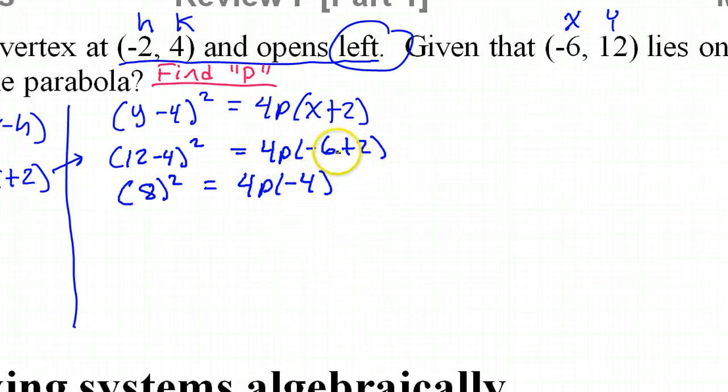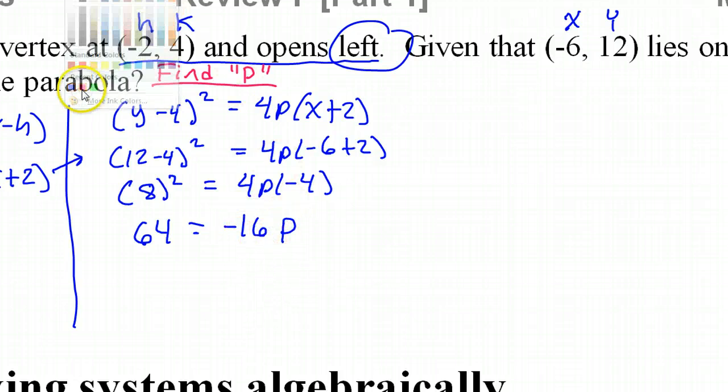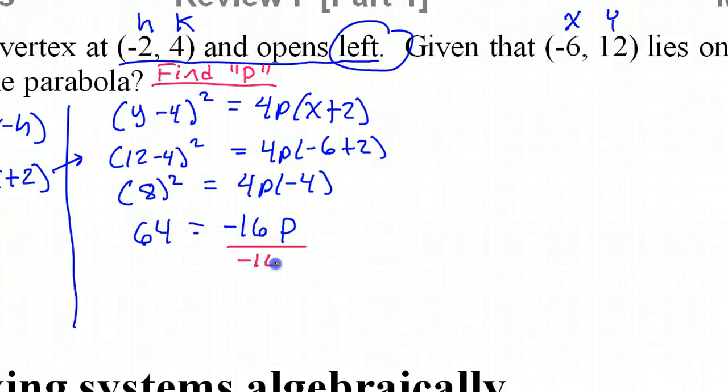That's 64. 4 times -4 is -16. If I want to get p by itself, I will divide both sides by -16.